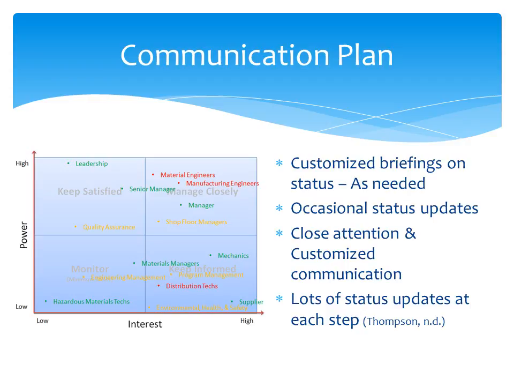The functions in the upper right quadrant have both high levels of power and interest over the project, and therefore we'll pay close attention to them and they will receive customized communication from us. And finally, in the bottom right quadrant with low levels of power over the project but high levels of interest, we'll receive lots of status updates at each step along the way.